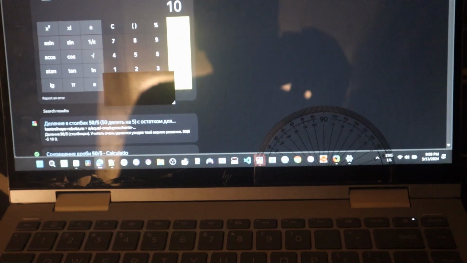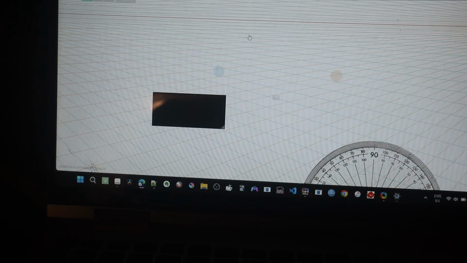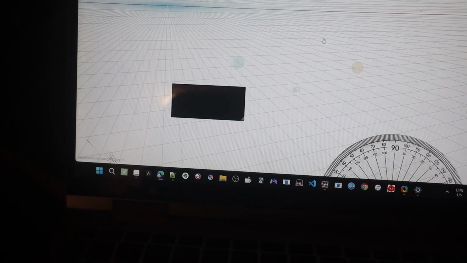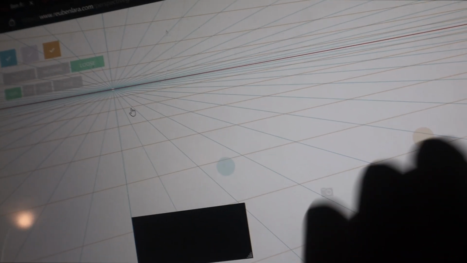As you can see, I did the calculation before. Here you go, perspective grid. All right. So we're gonna start with the vanishing point right here. So check this out. If we start from here, this is our relative example of angle.